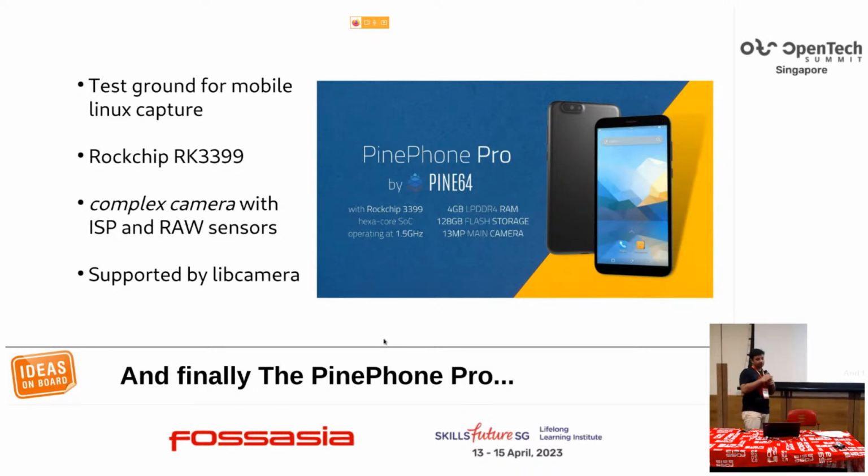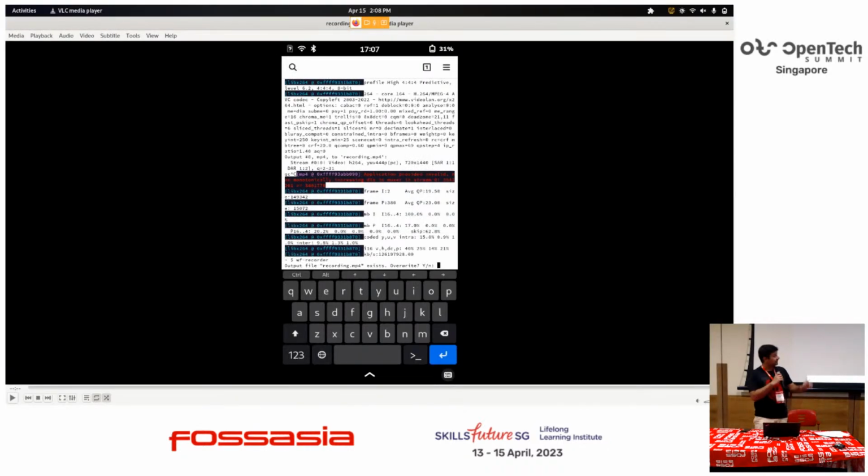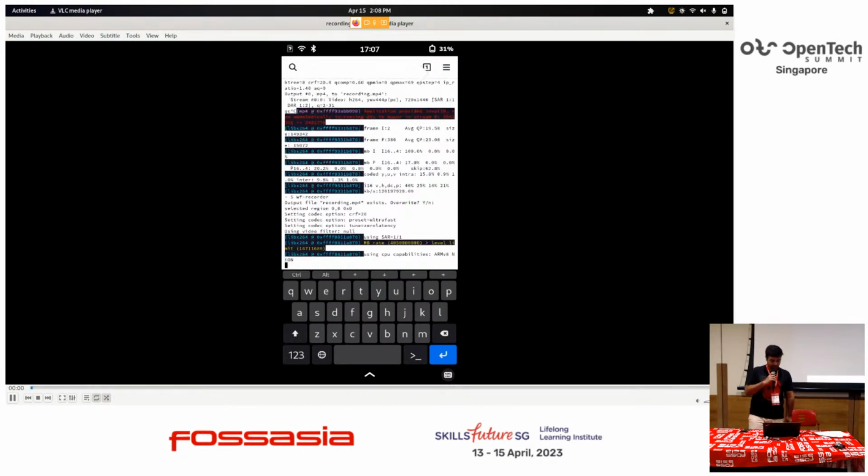PinePhone Pro, our test ground for mobile Linux capture for everything. It's a Rockchip RK3399. It's a complex camera with a RAW sensor and ISP, and it's already supported by libcamera. I do have a demo for this. So this is a demo for PinePhone Pro, capturing images with libcamera.